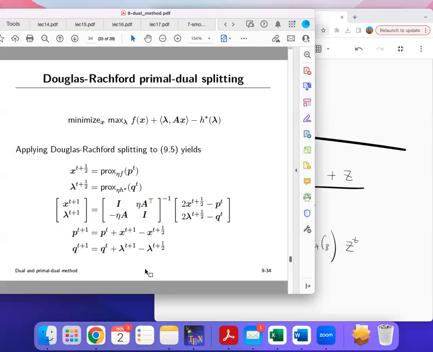So this is the Douglas-Rachford splitting algorithm applied to the saddle point problem. You see, we completely avoid computing the proximal mapping of F plus H. It only involves very simple proximal mappings, and they are computable.